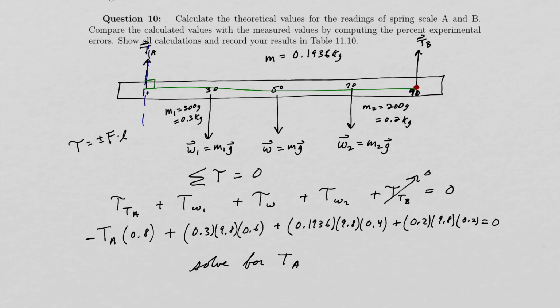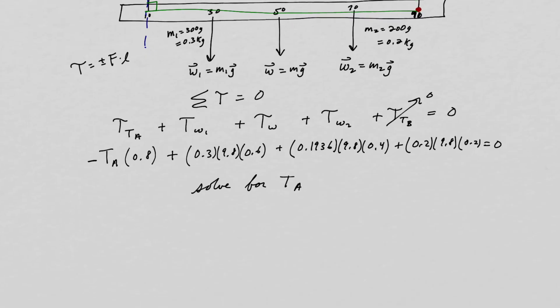So you could just say, well, since it's in translational equilibrium, I know that the sum of the forces, in particular in the y direction, since all our forces are in the y direction, is 0. So that means that TA, which is positive, right, plus TB, which is positive, minus weight 1 minus the weight of the meter stick minus weight 2, that's got to equal 0.